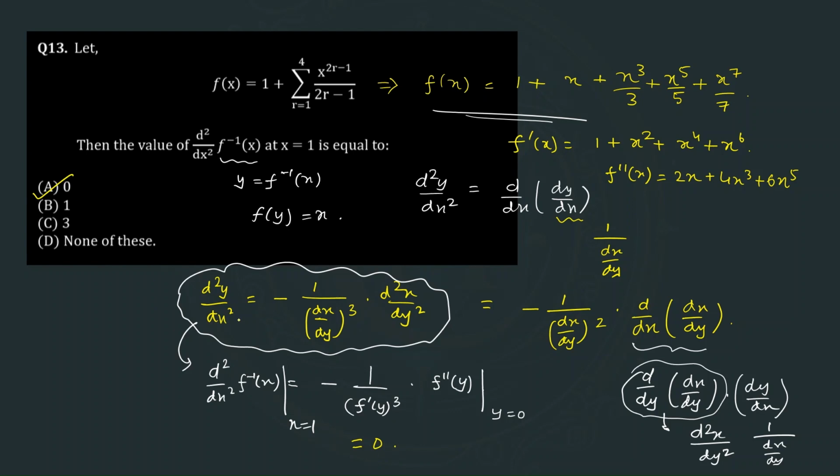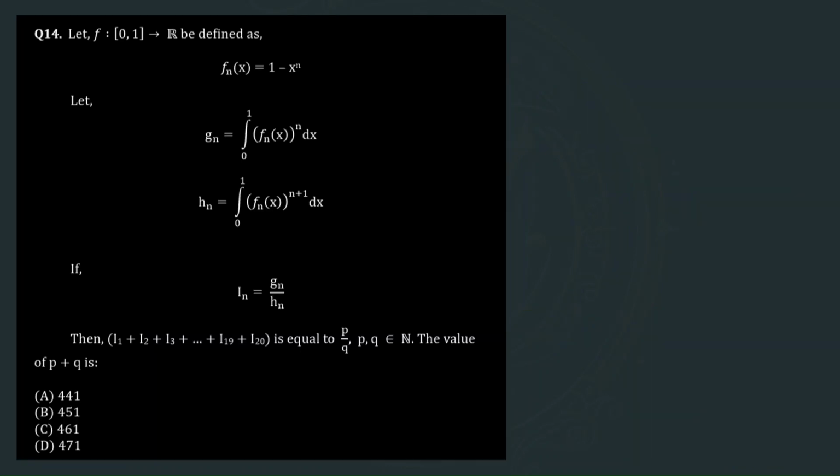I hope you understood the concept that has to be applied while solving this type of questions. The next question, which is question number 14, is from the topic of definite integration. Here it says that f is a function defined in this interval to all the real numbers as fn of x equal to (1 minus x) whole to the power n.